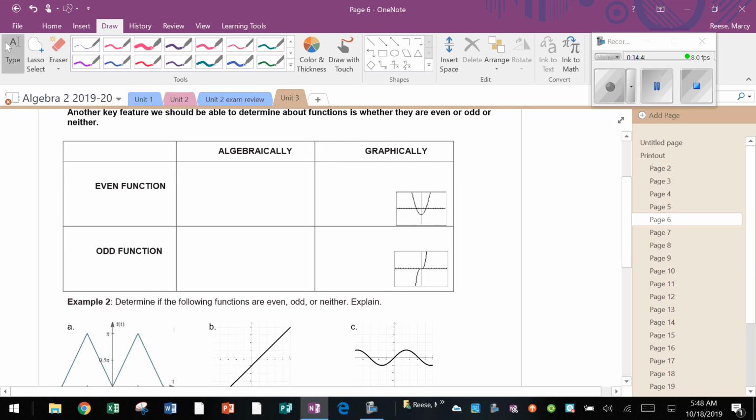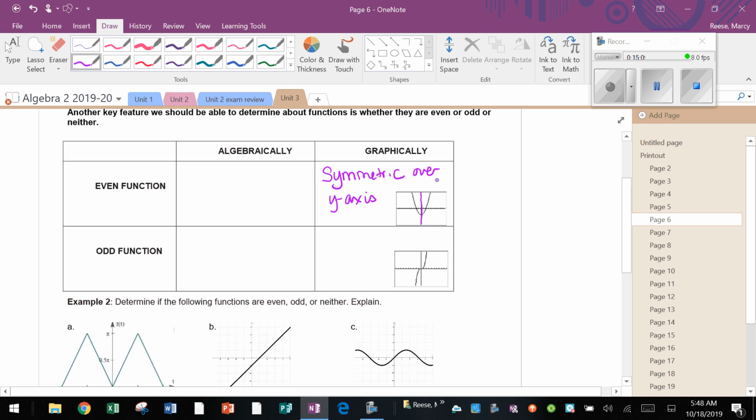All right. If it is an even function, I'm going to start with a graph. It's going to be symmetric over the y-axis. Symmetric means that I can fold it at the y. So see how I can fold this one at the y right here? And the left and the right will look exactly the same.